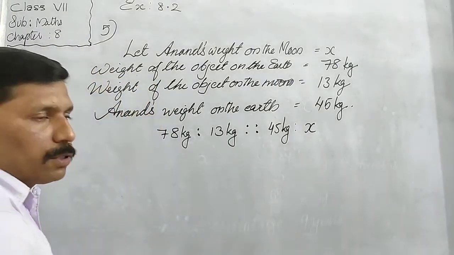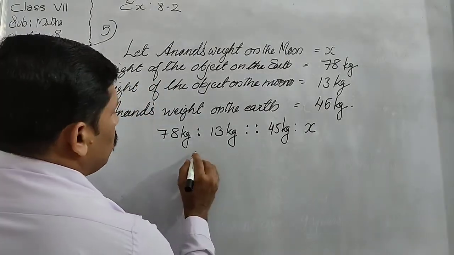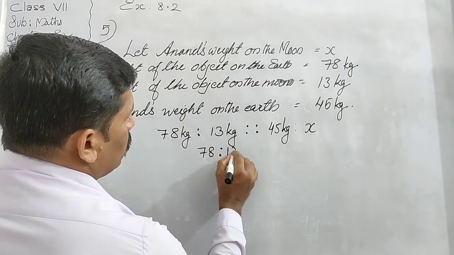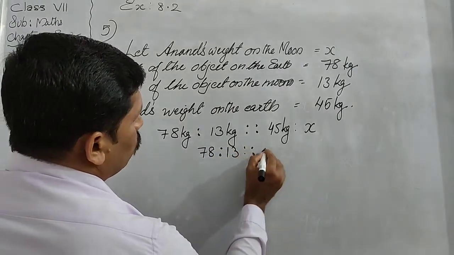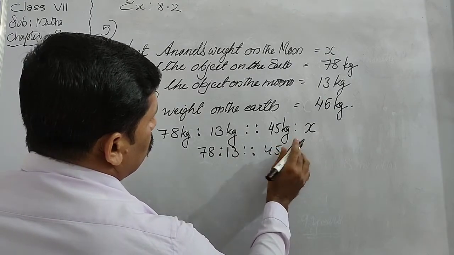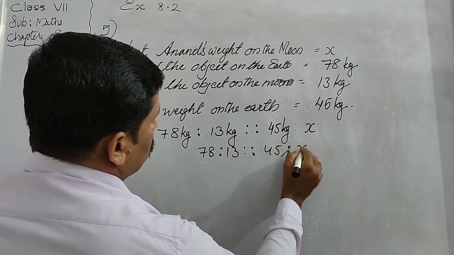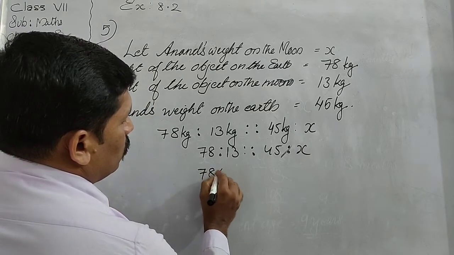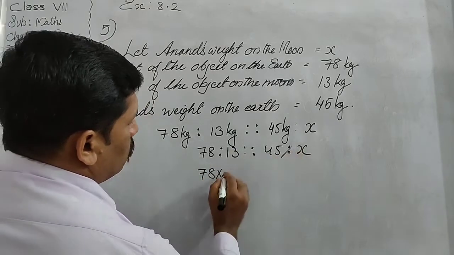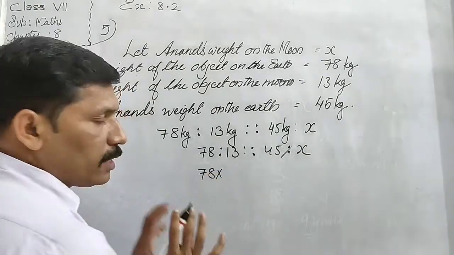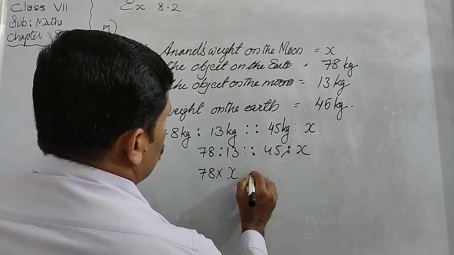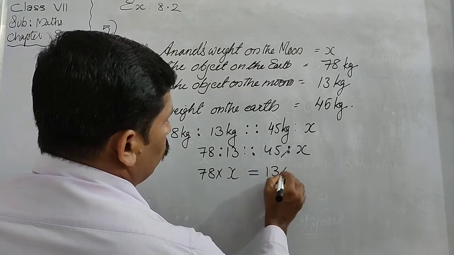So they form a proportion. We can write 78 is to 13 proportionate to 45 is to x. In a proportion, the product of extremes and the product of means will be equal. Therefore 78 into x will be equal to 13 into 45.